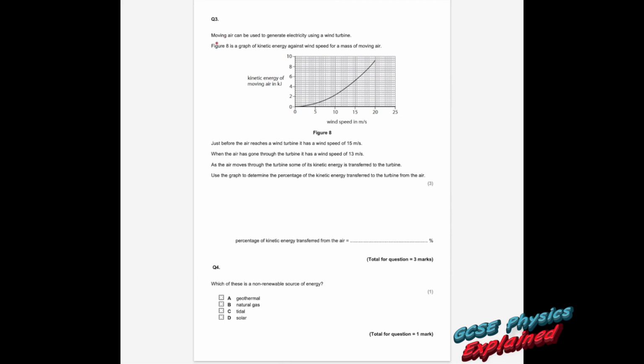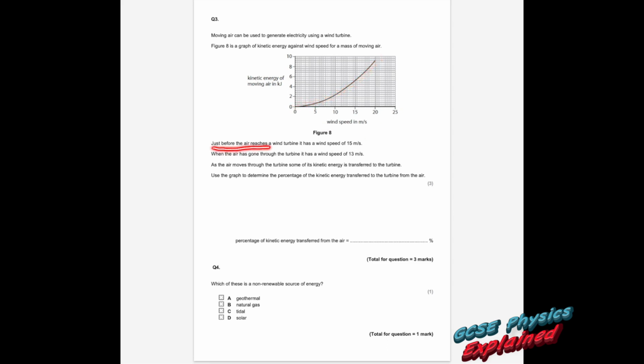Question 3. Moving air can be used to generate electricity using a wind turbine. Figure 8 is a graph of kinetic energy against wind speed for a mass of moving air. Right, so kinetic energy up the side, wind speed along the bottom, and you can see the graph is a curve.